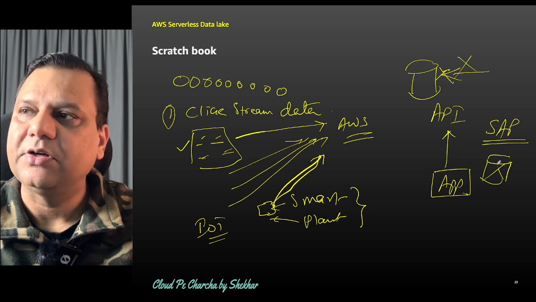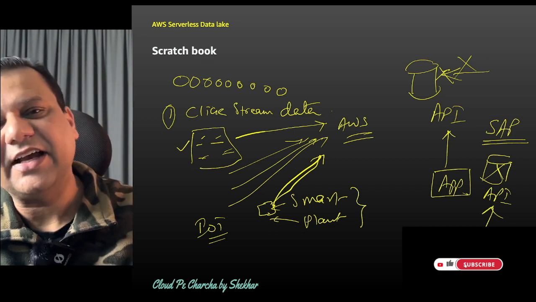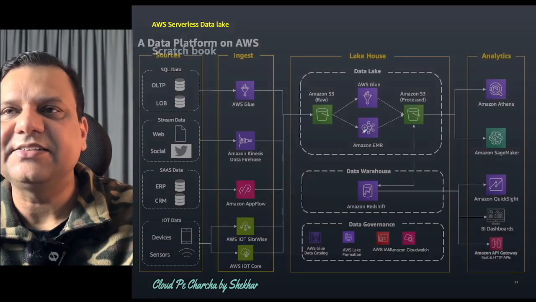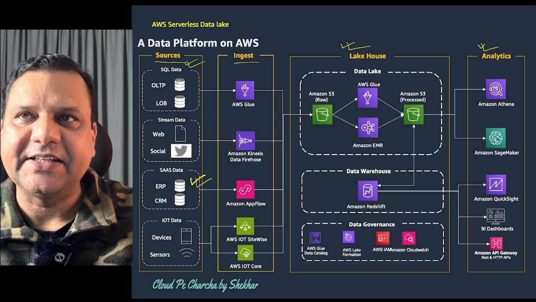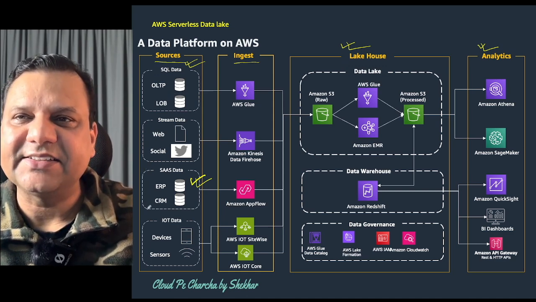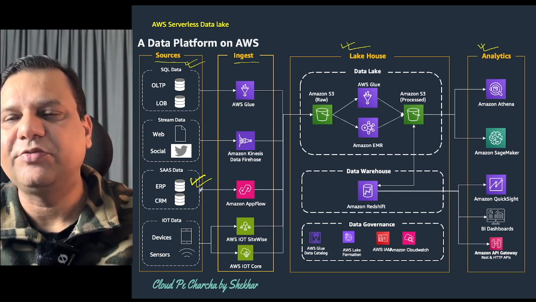This is not allowed. So in that case also, you have APIs available, and you access the SAP data through those APIs. Since you do not have direct access to the database, as you do in the case of SQL data, we have kept it as a separate bucket, and there is a separate mechanism to fetch this kind of data.